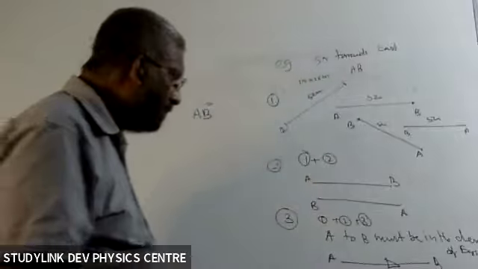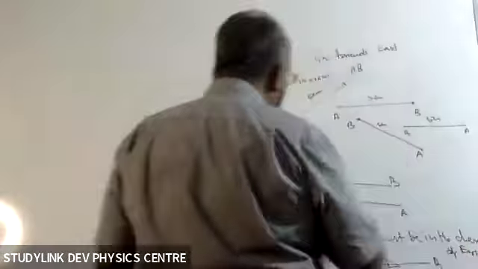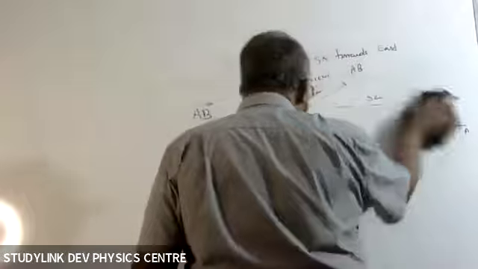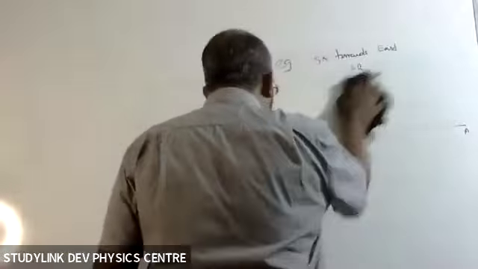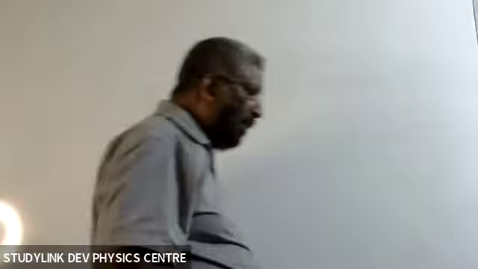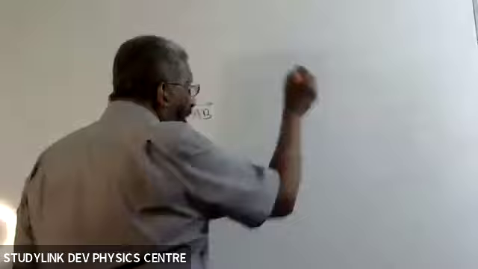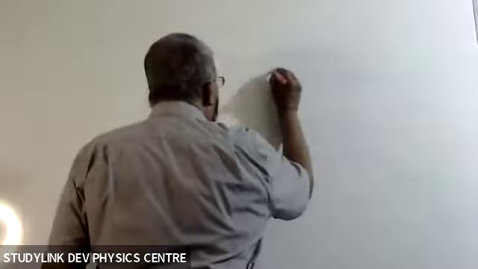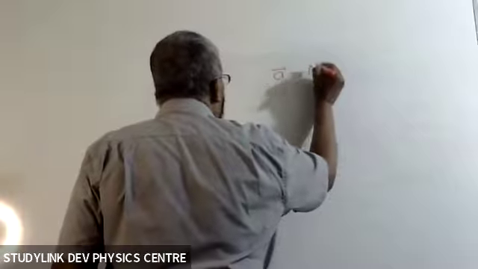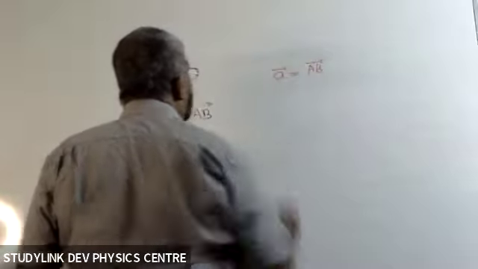Right, next situation. One by one we can say, but there is no need to draw like that. At once you can draw it. Now another example. A is a vector and it is represented by the straight line of vector AB.